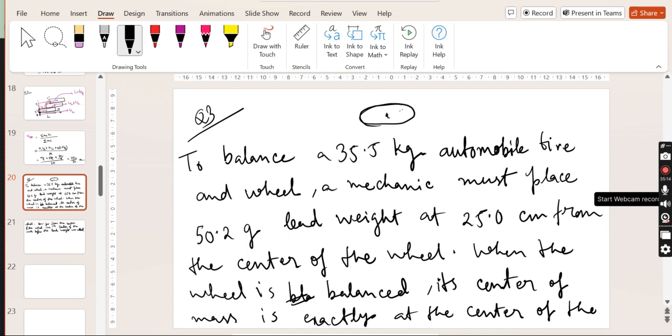The wheel is a circle, and the weight can be put anywhere on this circle. When the wheel is balanced, the center of mass is exactly at the center of the wheel.